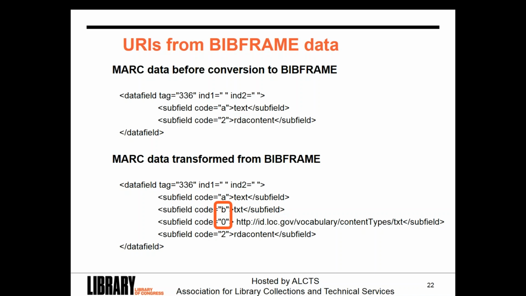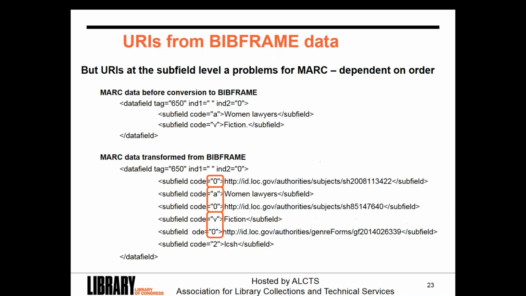But then things get more complicated. Here we have a subfield. We don't have a capability. We have really fairly reasonable capability to put URIs in MARC records, in MARC record fields at the field level.